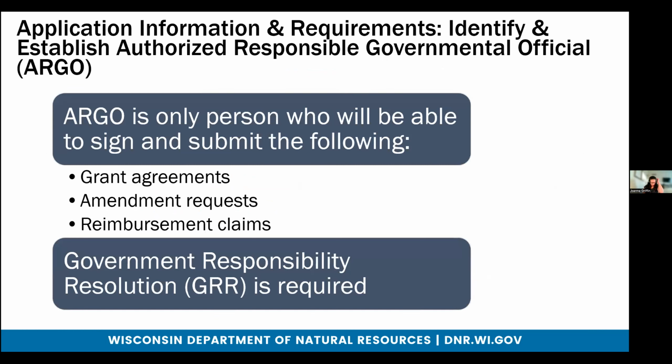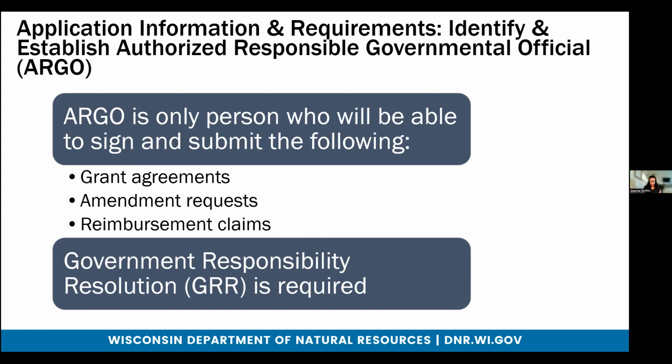As part of the grant project, it's required that the grantee identify and establish an authorized responsible governmental official, or ARGO. The ARGO is the only person that'll be able to sign and submit grant agreements, amendment requests and reimbursement claims on behalf of the grantee. So make sure that the person authorized by the grantee is the person who will be doing this.